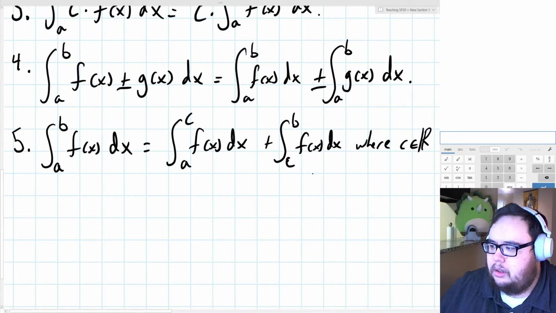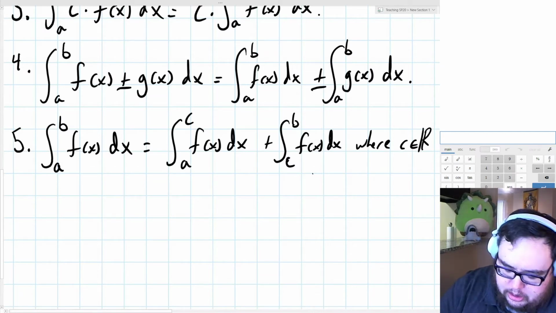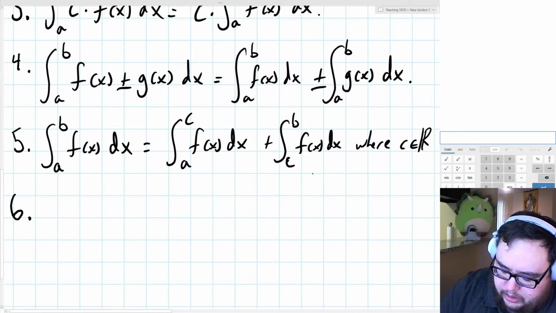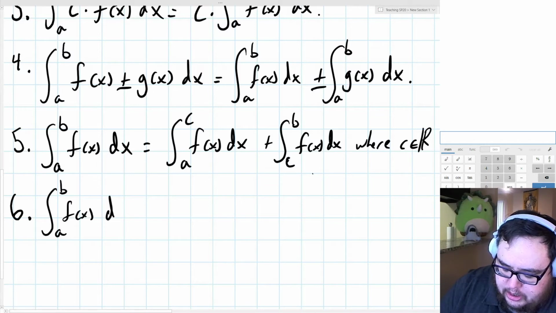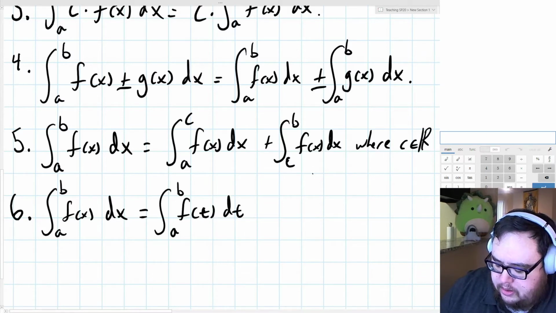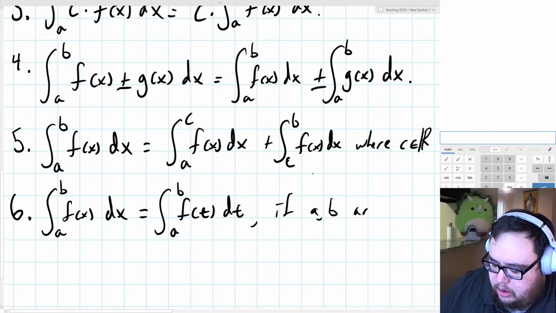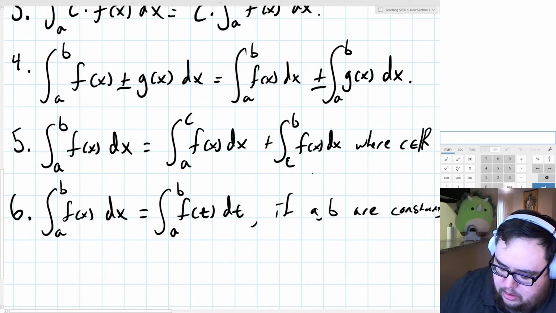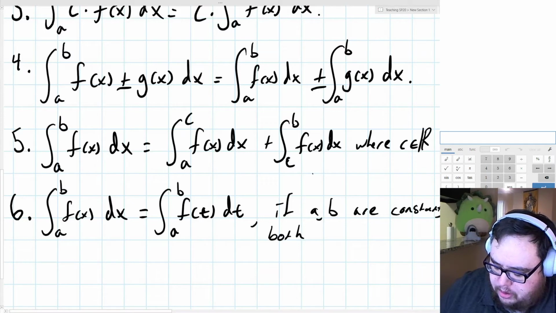And our sixth property here, this one is not super important, but it is just something that's worth noting real quick. The integral from a to b of f of x dx is equal to the integral from a to b of f of t dt. And if a and b are numbers, or constants, both of these are constant as well.